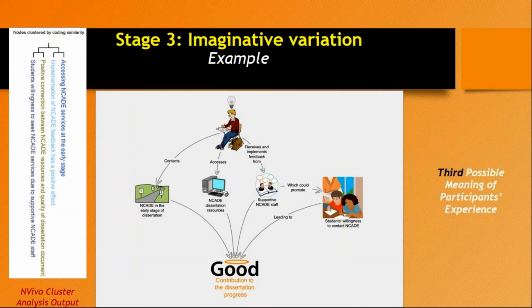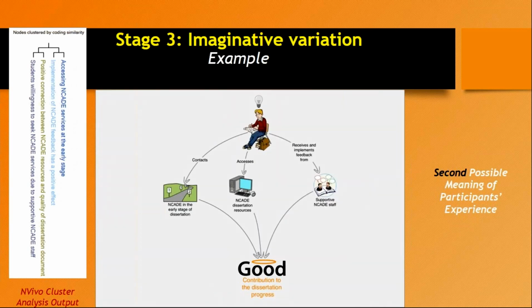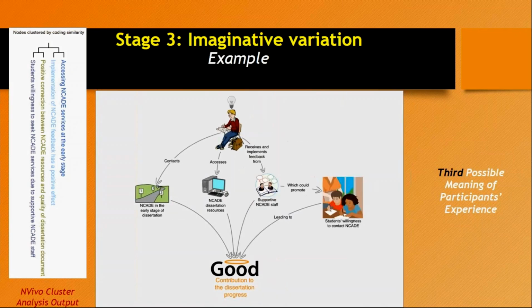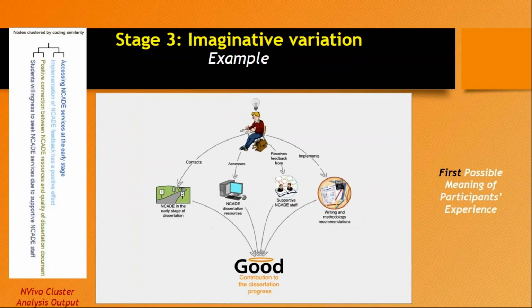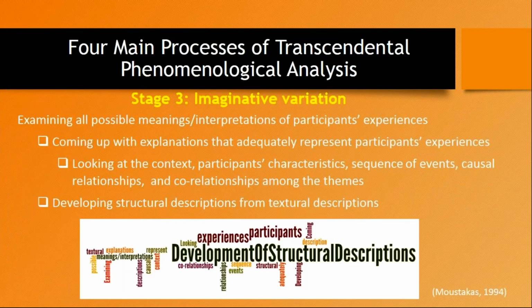So based on that, you come up with maybe one of the best explanations, or maybe you have to combine the 2 possible explanations to form a structural description, right? So in your case, sometimes you have to describe participant background in connection with the theme, so that you try to come up with a meaning that represents participant experience.